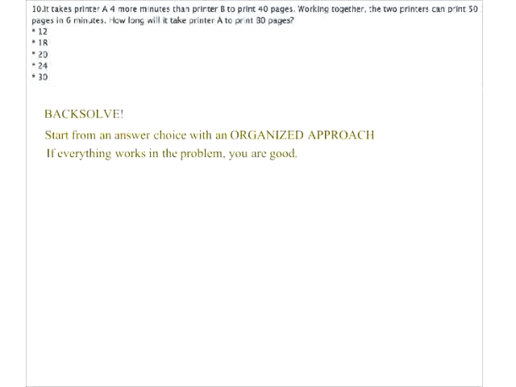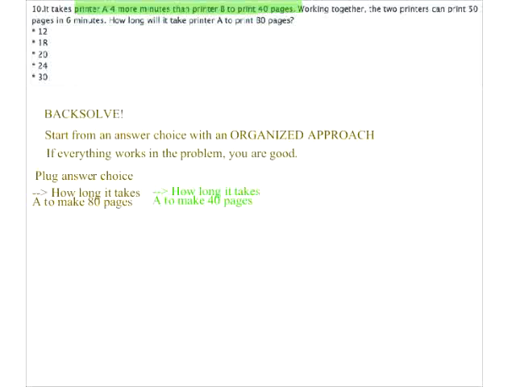When you plug in an answer choice, that's going to be the time taken by A to make 80 pages. Now we don't really care about that, we care about this. So we can find how long it takes A to make 40 pages, which is just half of that, and then how long it takes B to make 40 pages.